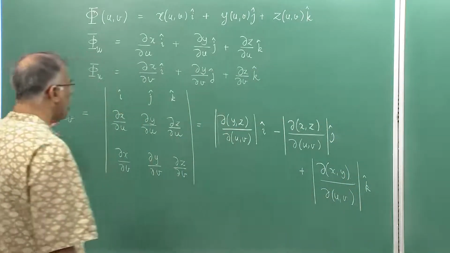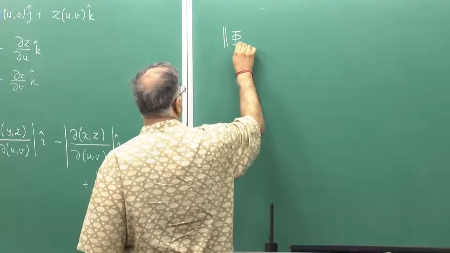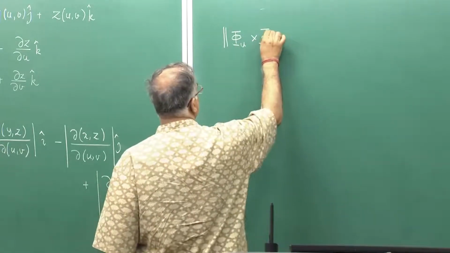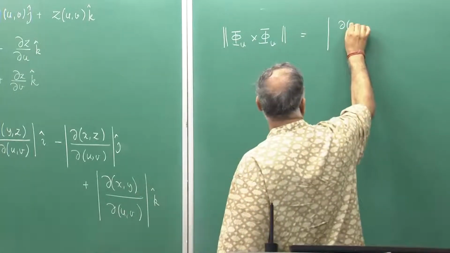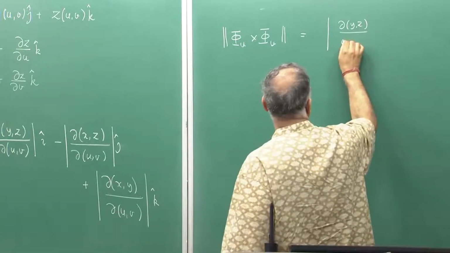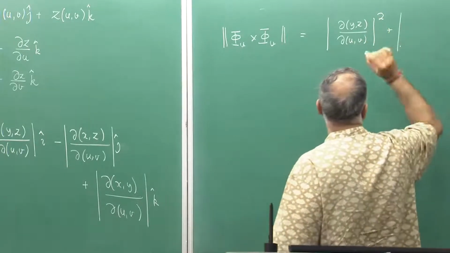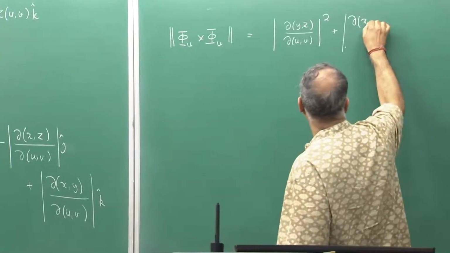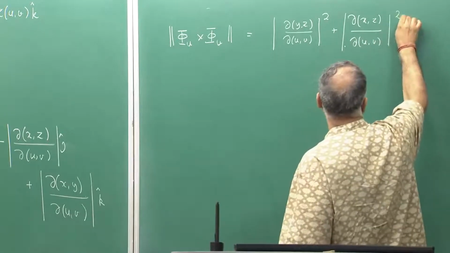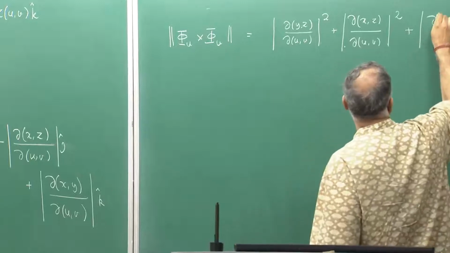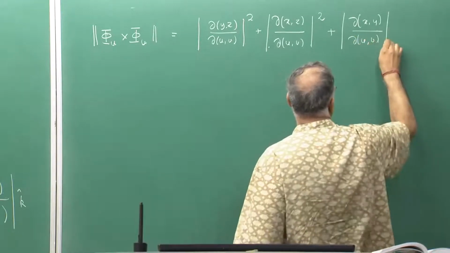Now, if you look at the norm of this, you know what the norm is. The norm square, of course, is del(y,z) by del(u,v) whole square plus del(x,z) by del(u,v) whole square plus del(x,y) by del(u,v) whole square.